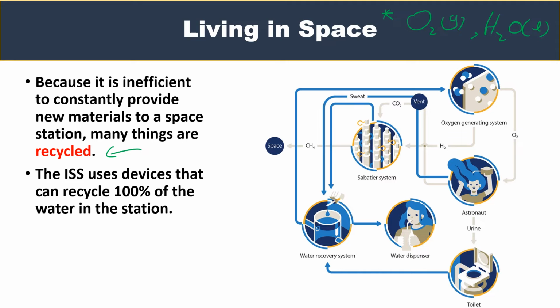The ISS uses devices that can recycle 100% of the water in the station, and a water filtration system is involved, along with ventilation of carbon dioxide and providing hydrogen from the separation of hydrogen and oxygen from water. By undergoing that filtration and separation system, we can use water again. We can also use oxygen again.